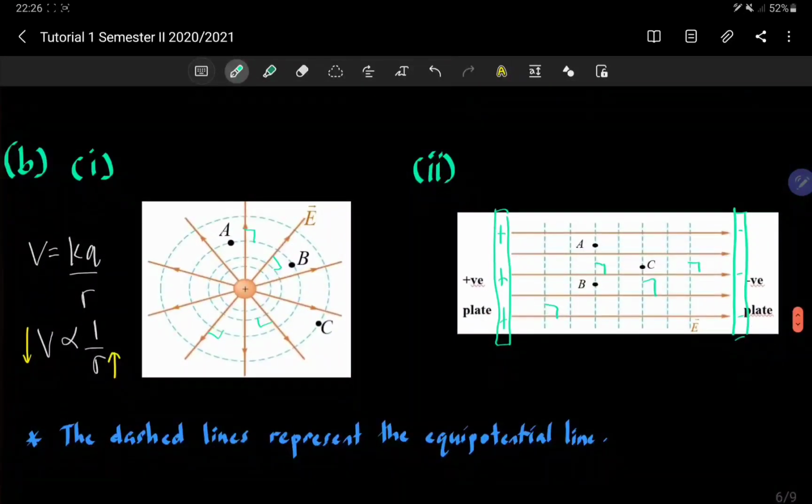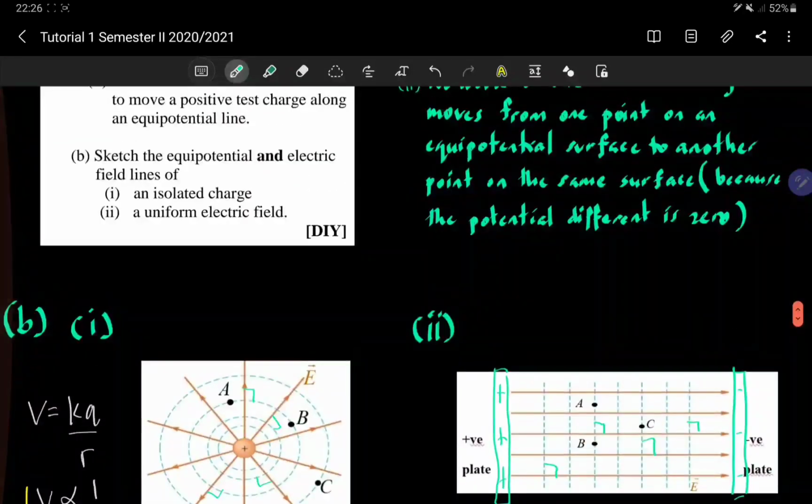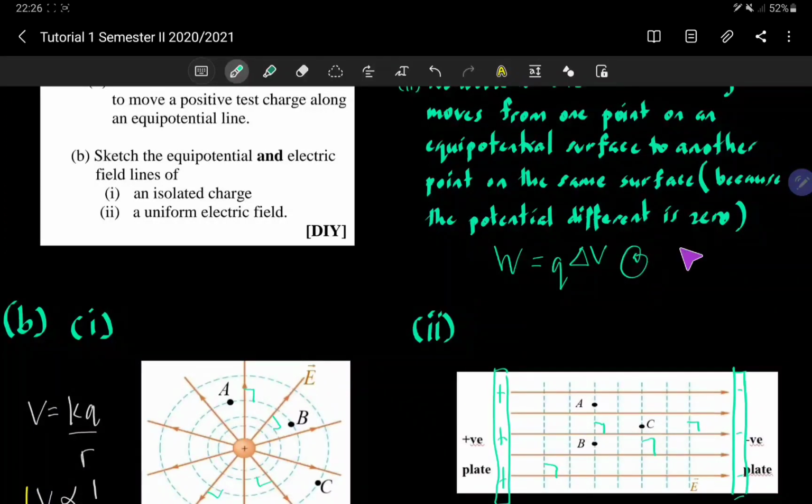As we know, the equation of work equals Q delta V, or work AB equals Q VAB, isn't it?